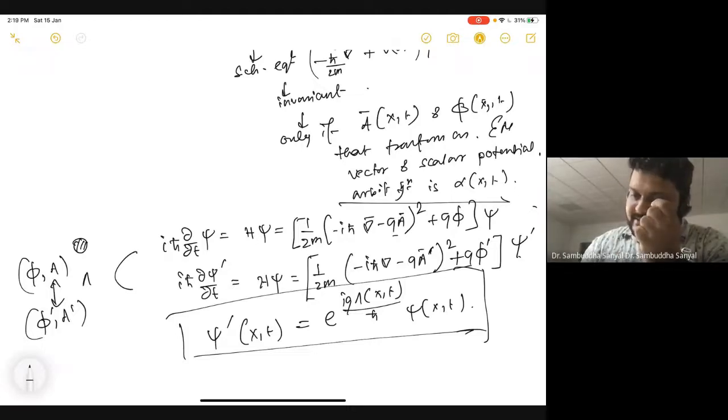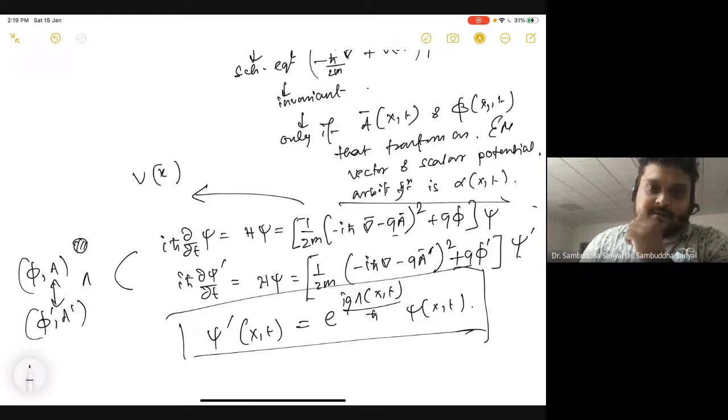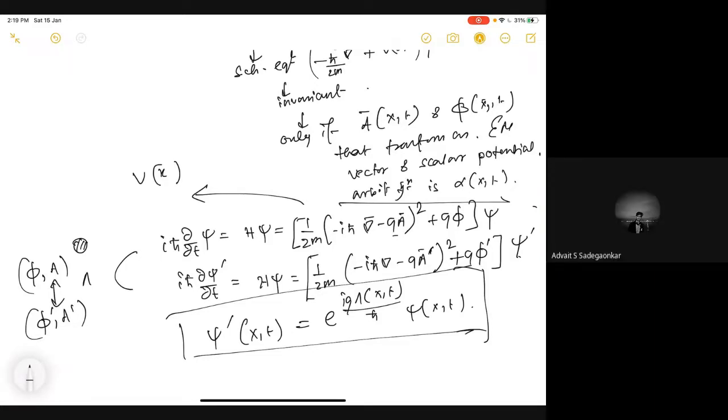Let's say you add a potential V(x), because you put this problem in a harmonic oscillator. It can be totally there, but that doesn't matter. We are introducing electromagnetic fields by starting from these two potentials. So if I start from some other potentials, can it introduce some other fields which are not even EM fields, something like that? Sorry, say that again.